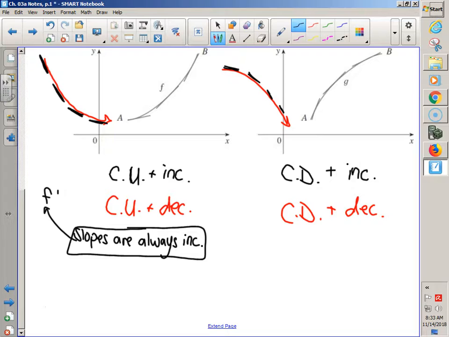Whatever you do in a number line, positive numbers getting smaller, negative numbers going more negative. What's true about both of those movements? You're going down. What's true about both of those movements? Negative numbers going up or positive numbers getting higher? You're going up. So slopes are increasing for concave up and slopes are decreasing.